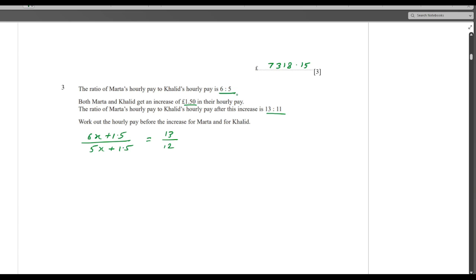Initially the ratio was 6:5. So we can assume that Martha's hourly pay is 6x and Khalid's hourly pay is 5x, and therefore after increasing by 1.5 we will get this relation.